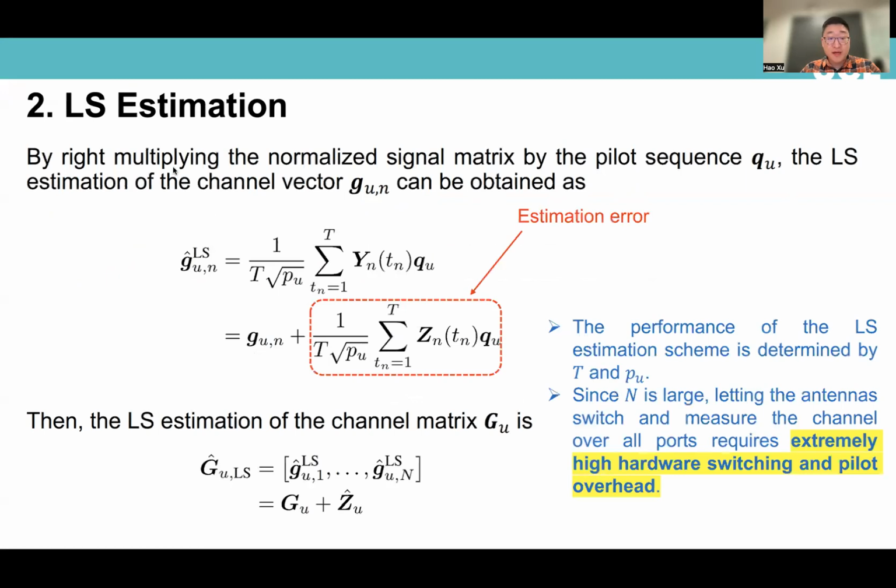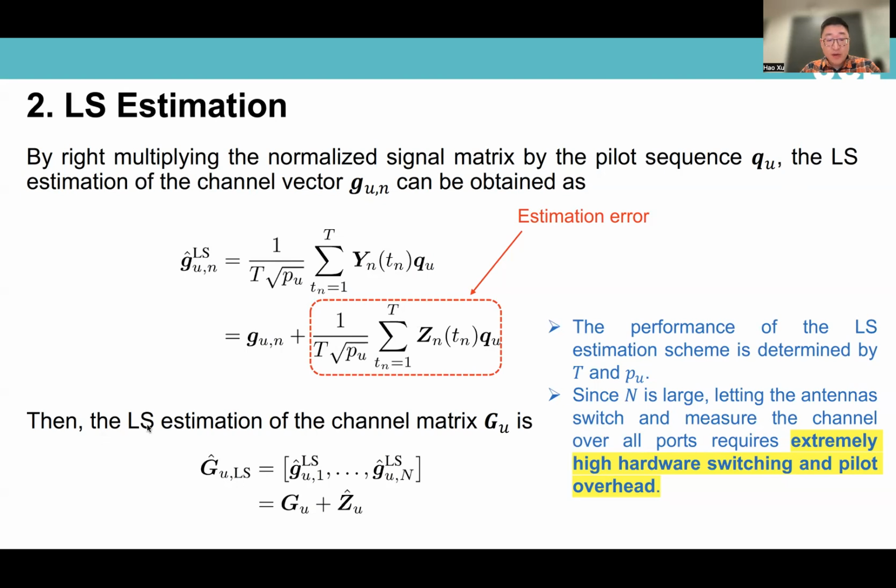By right multiplying the normalized signal matrix by the pilot sequence Q_U, the least square estimation of the channel vector can be obtained as follows. Here, g is the perfect channel vector, and the second term is the estimation error.